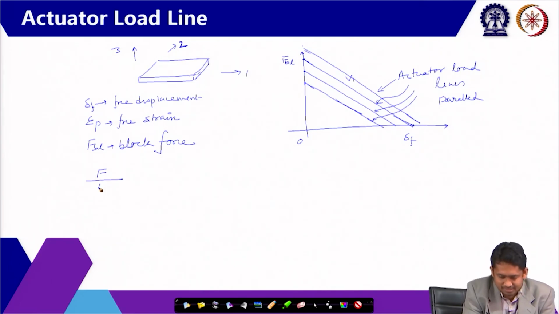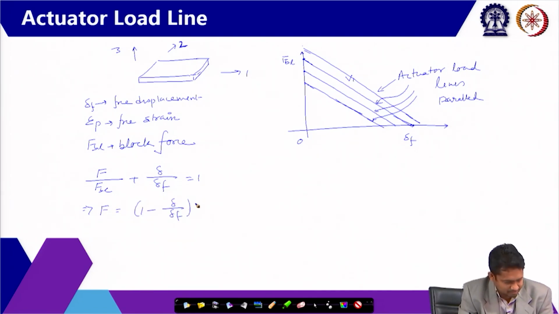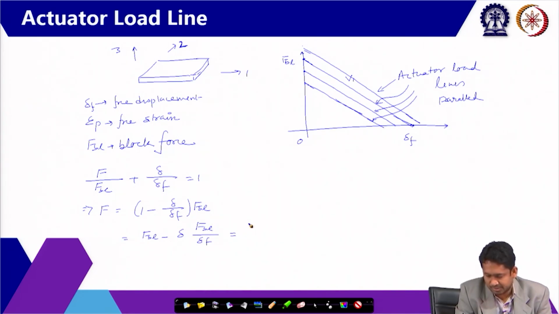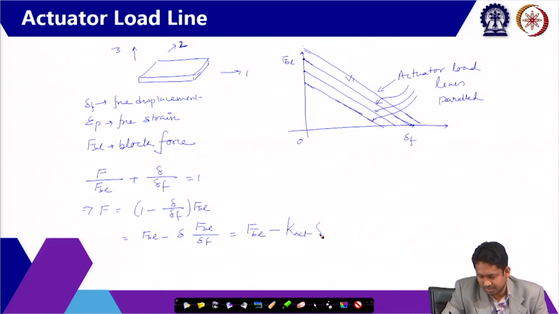The equation can be written as f by FBL plus delta by delta f equal to 1, and finally, it gives me an expression f is equal to 1 minus delta by delta f multiplied by FBL, or I can write it as FBL minus delta into FBL by delta f, which we can write as FBL minus K act into delta.